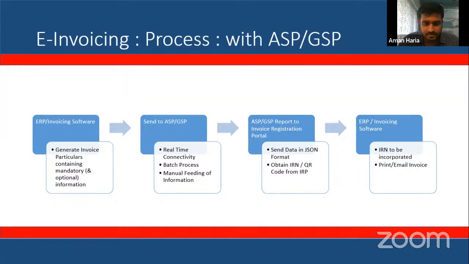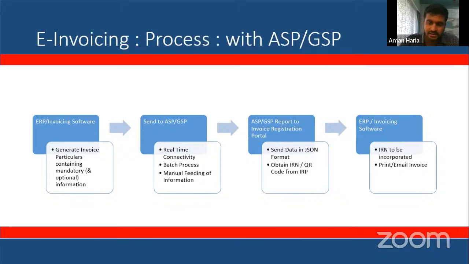Once that is done, the same process continues, but instead of punching data into a separate Excel file or utility, they might give you a button on your screen, and they themselves will pull the relevant details required from your software and push them to the IRP portal at the backend.